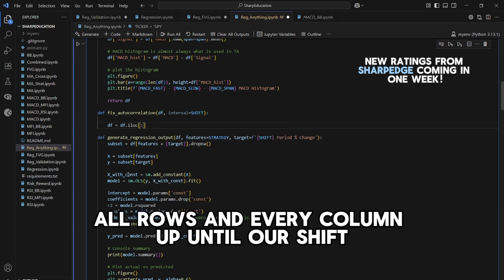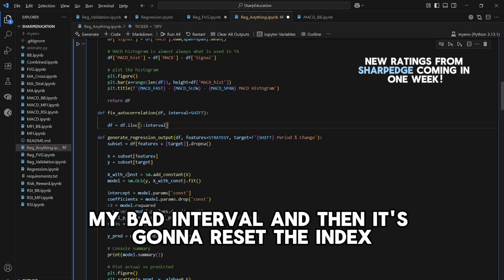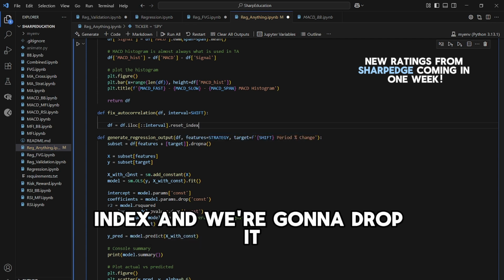All rows and every column up until our shift, our interval, my bad, interval, and then it's going to reset the index, and we're going to drop it.